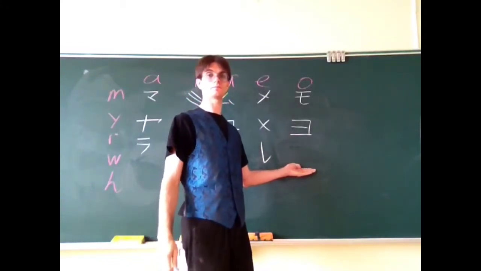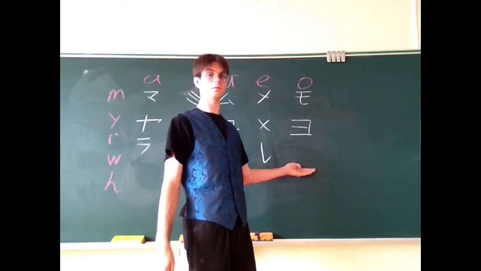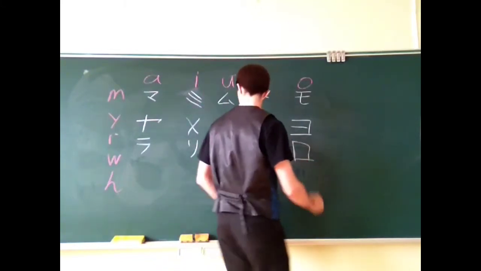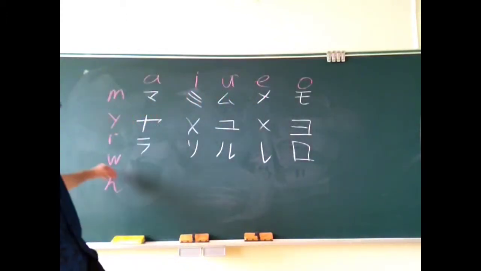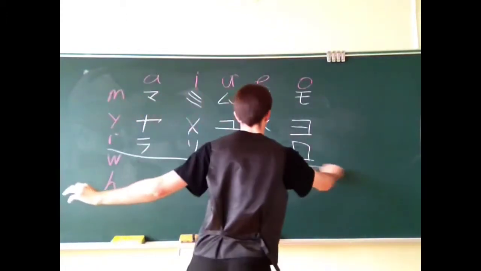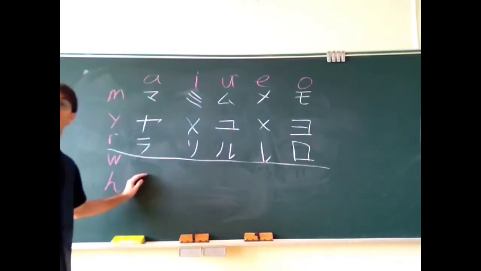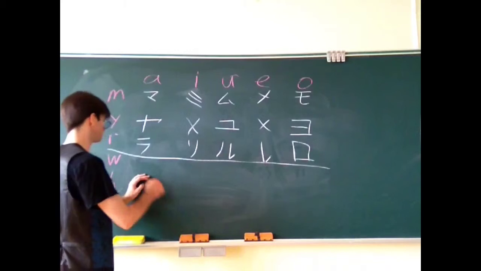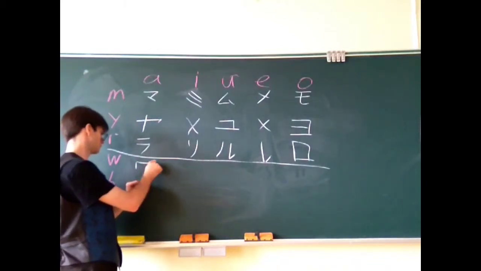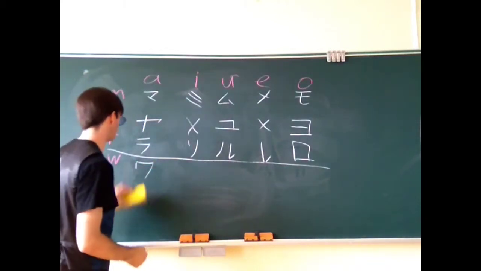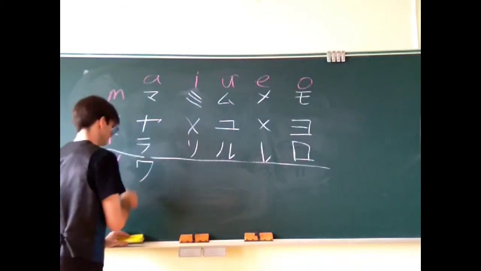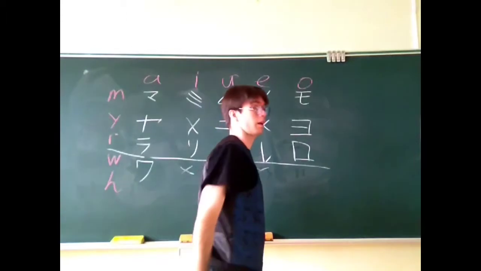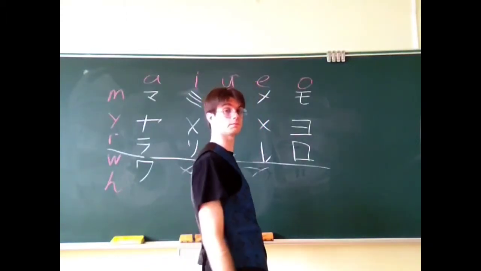And no. Getting kind of crooked down here. Wa. That's kind of crap. Now we need a little bit away. And for good measure, wo.